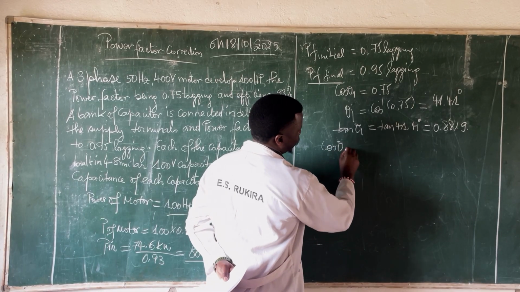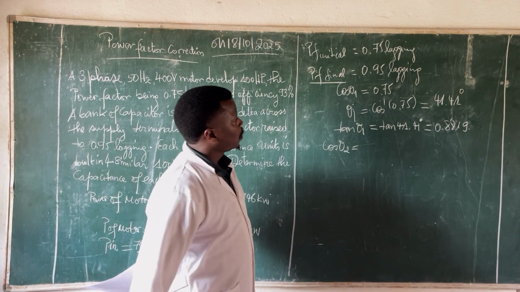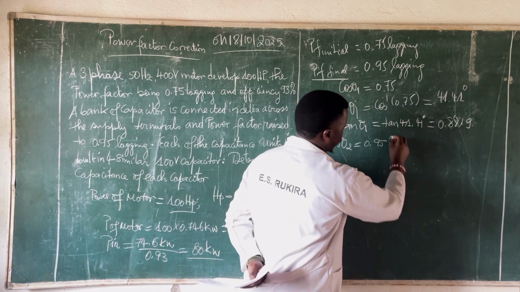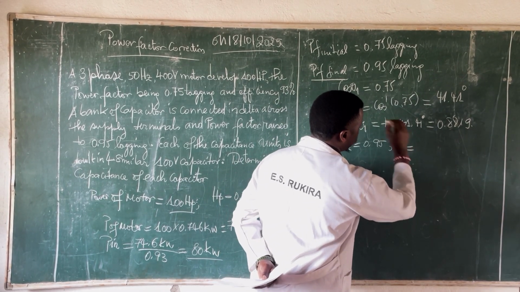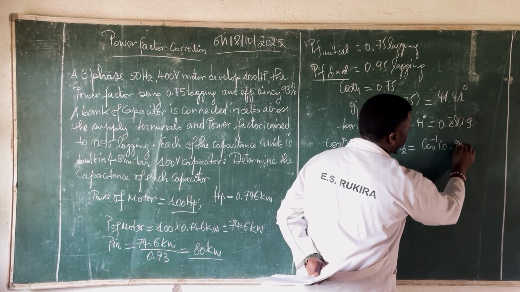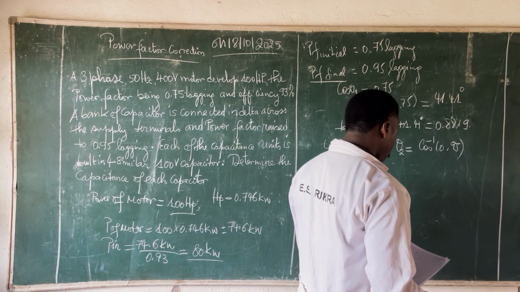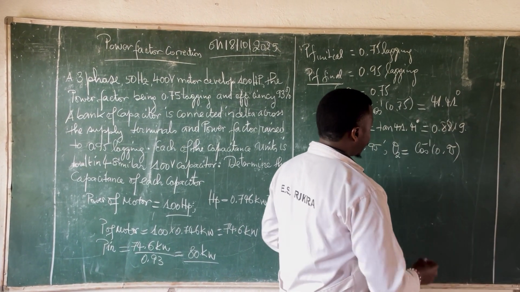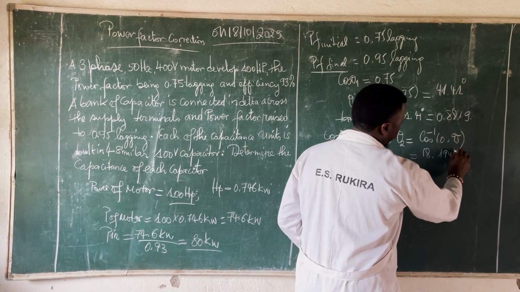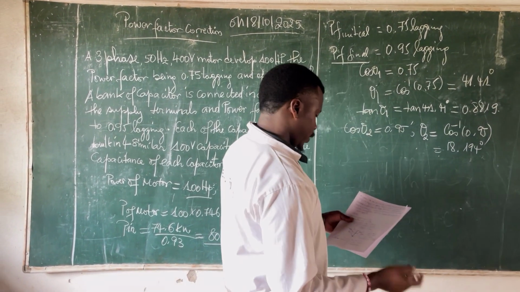We continue working with the other power factor. Cosine theta 2 is equal to 0.95, where theta 2 will be equal to cosine inverse of 0.95, which is 18.194 degrees.